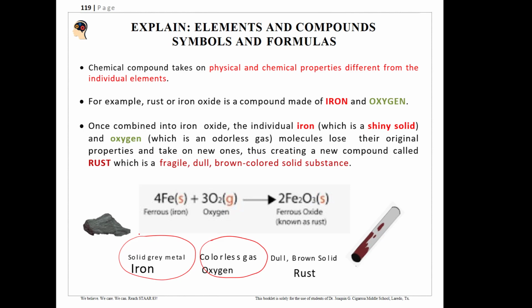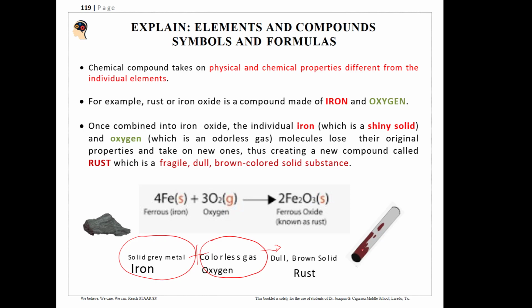Oxygen is colorless and it's a gas. But when you combine the two, it's going to create what we call rust. And take a look at rust. It is dull, it's not shiny, just like iron. It is brown, neither one of them is brown, but rust is brown and it is solid.